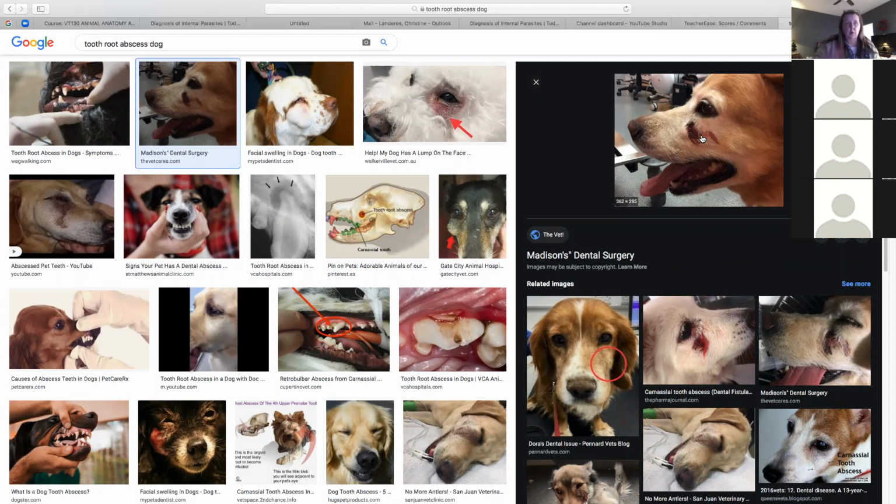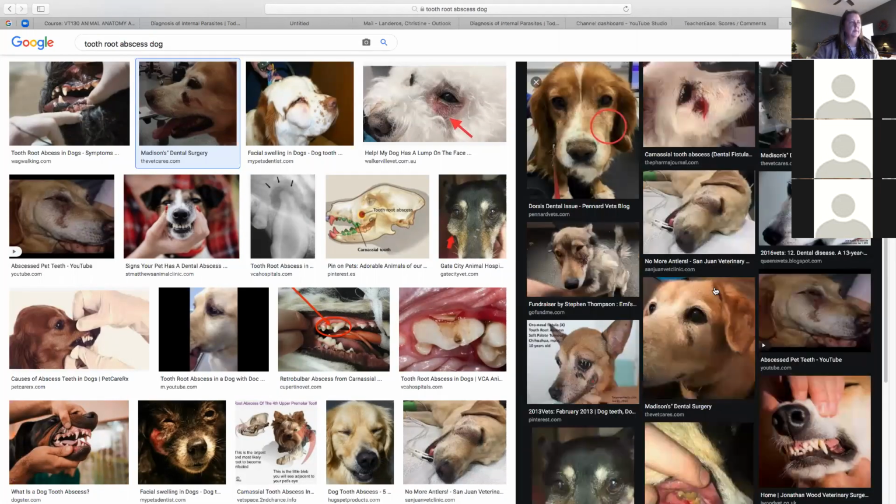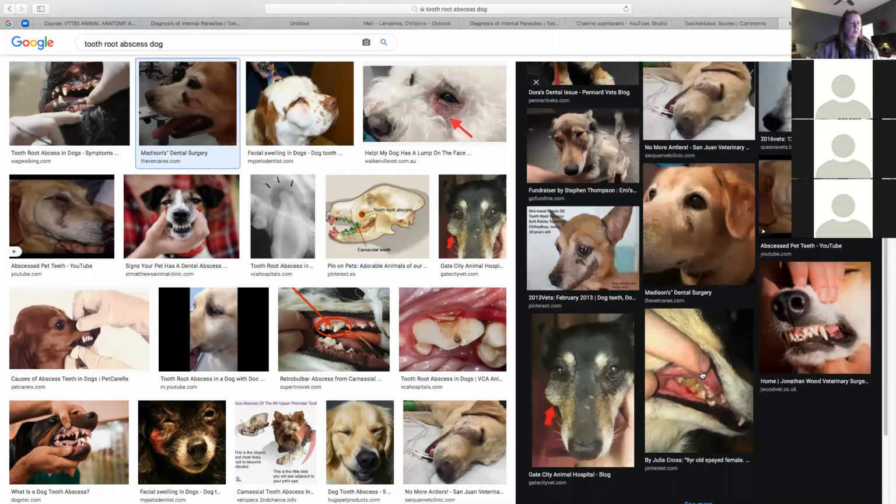So sometimes an owner will come in where it's already ruptured and they're like, something bit my dog's face. Obviously if the dog didn't get into a fight with another dog, what does that happen from? A lot of times they don't even realize it's a rupture. Sometimes they don't know that it's actually ruptured.